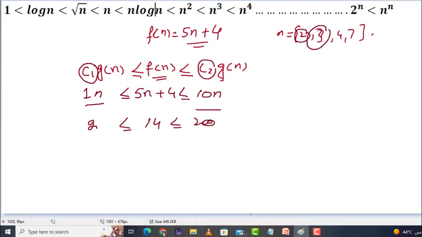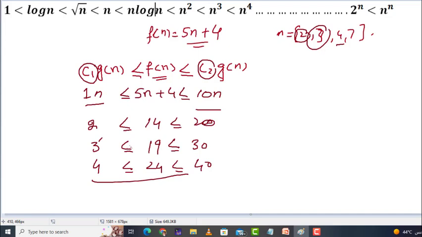If I keep 3 here, it will be 3 less than or equal to 19, and this will be 30. If I keep 4 here, this will be 4 less than or equal to 24 less than or equal to 40.